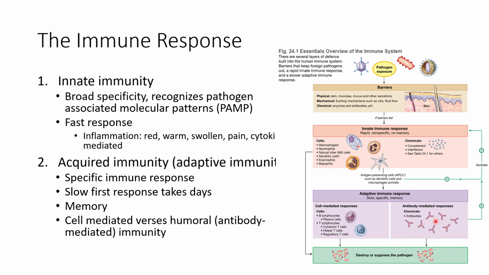And then when we have a secondary infection, we can have a very fast response that is specific for that. And we call this cell-mediated versus humoral, so which would be what we kind of had in the innate.